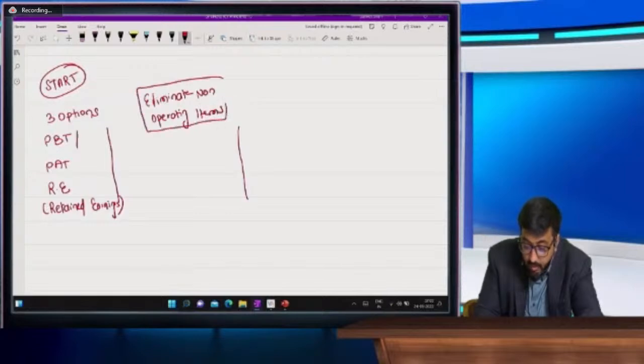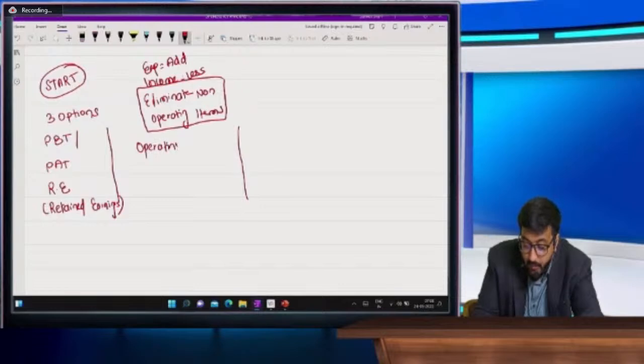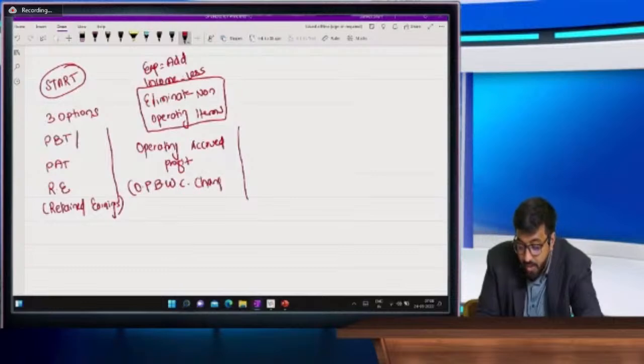If expenses, you add back, and if non-operating income, you deduct it. To get, what will you get? Operating accrued profit. In technical language, it is called operating profit before working capital changes.